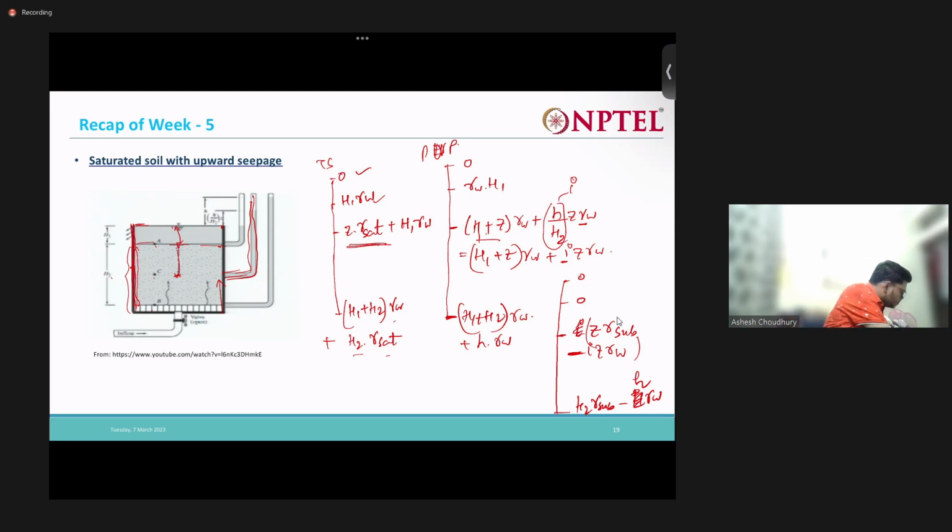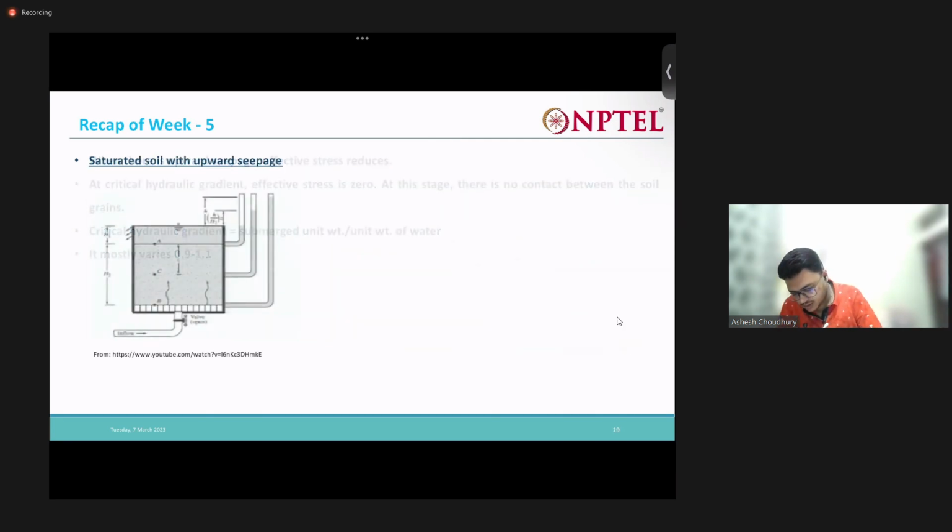Okay, downward flow you are saying. I will just draw the downward flow.